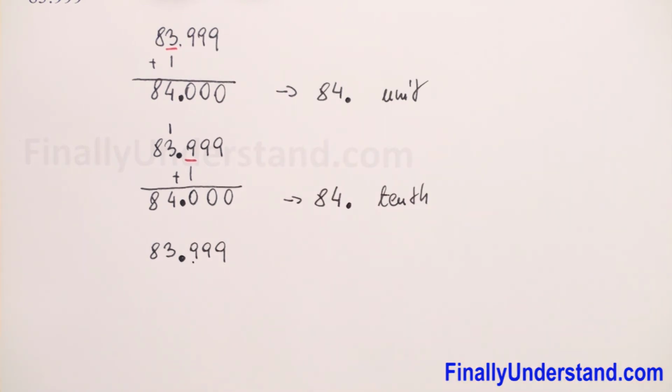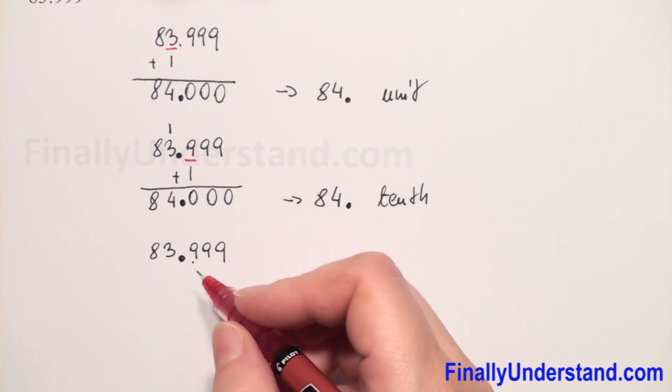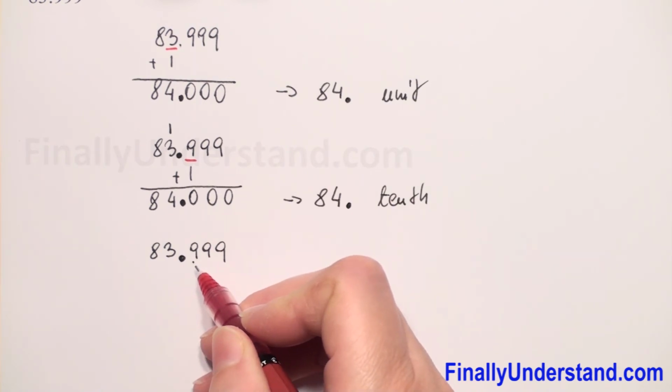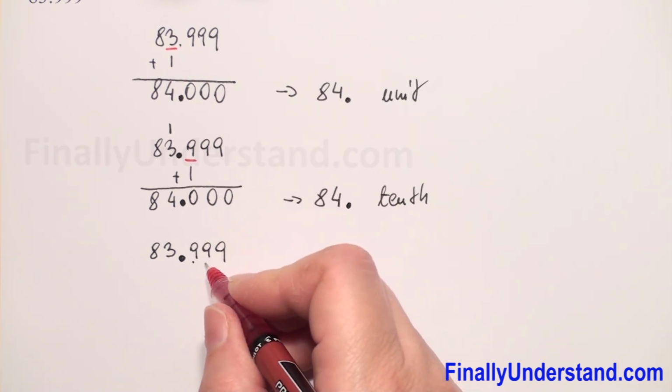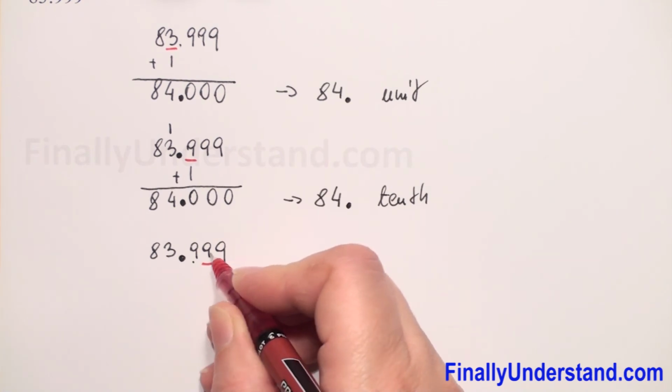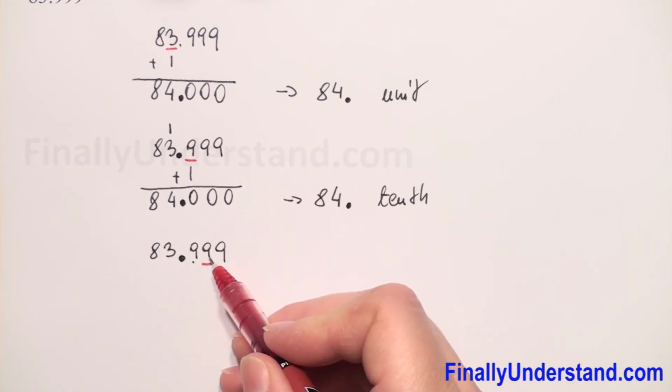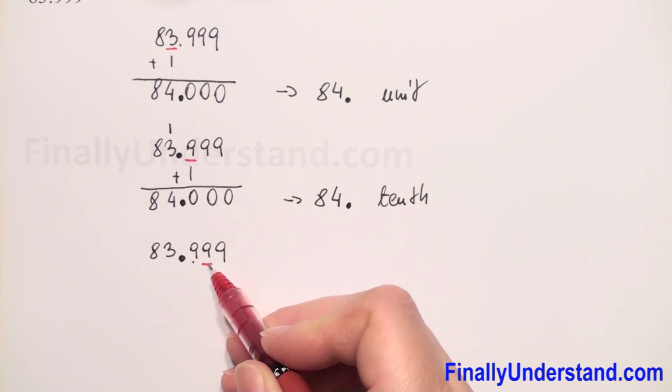So first we need to underline the digit to which we have to round our number. We have hundredth, like I said. After the decimal point, we have tenth as the first digit. Next is hundredth. So we underline again 9, because the second digit after the decimal point is hundredth.